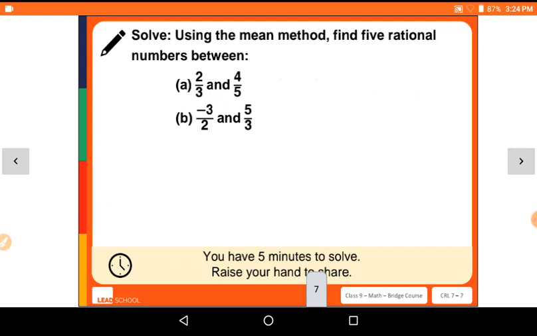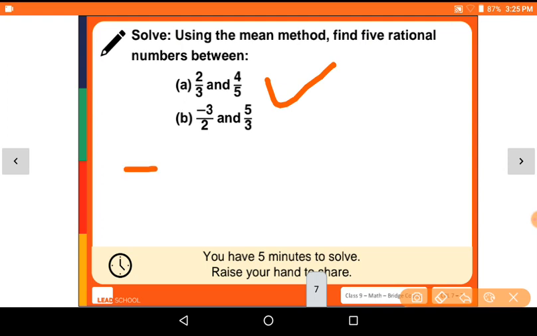Here another one is, using the mean method, find five rational numbers between them. अब अभी हमने जो पहले वीडियो में देखा, that is how to use this mean or average method. So first for A, that is 2 by 3 and 4 by 5. So both things we first convert into the mean method.